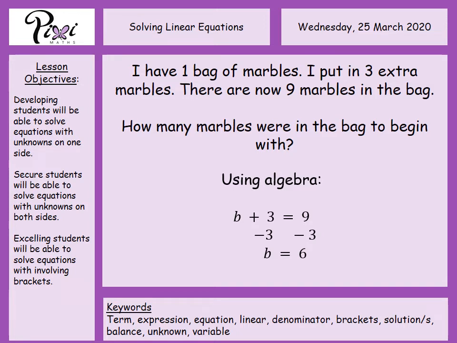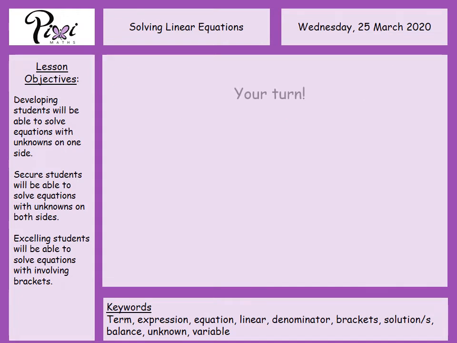So the answer will be b equals 6. Now it's your turn. m plus 5 equals 8. This is a linear equation. How will you solve it? Remember, we will subtract 5 from both sides.